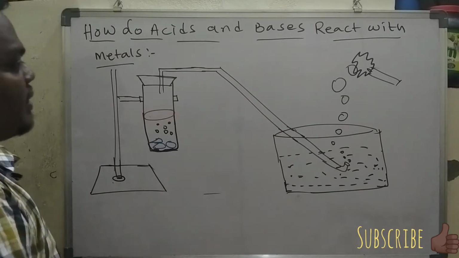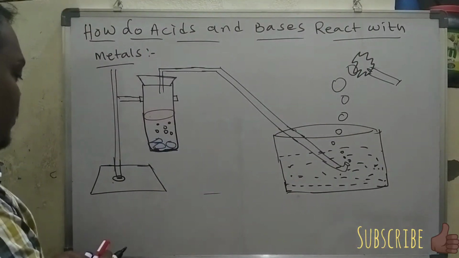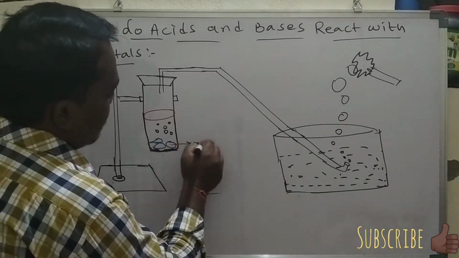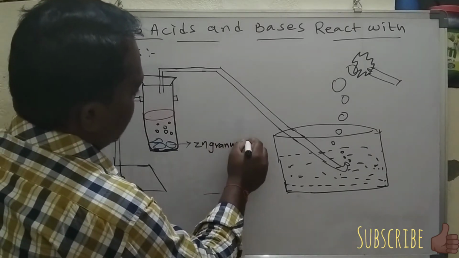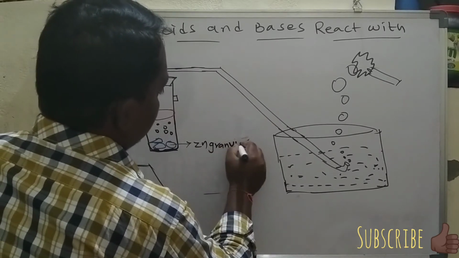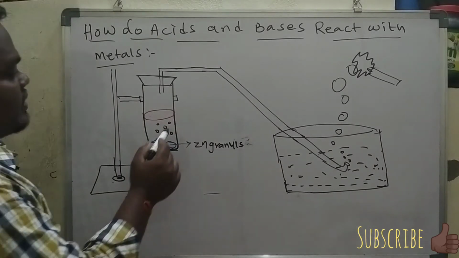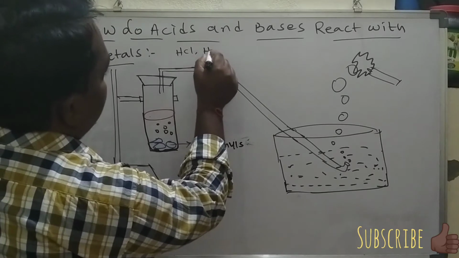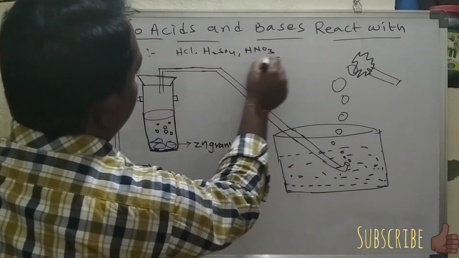So this is the laboratory setup. I am going to take zinc granules. I am also going to take acids, different acids like HCl, H2SO4 and HNO3, whatever is available in the laboratory.